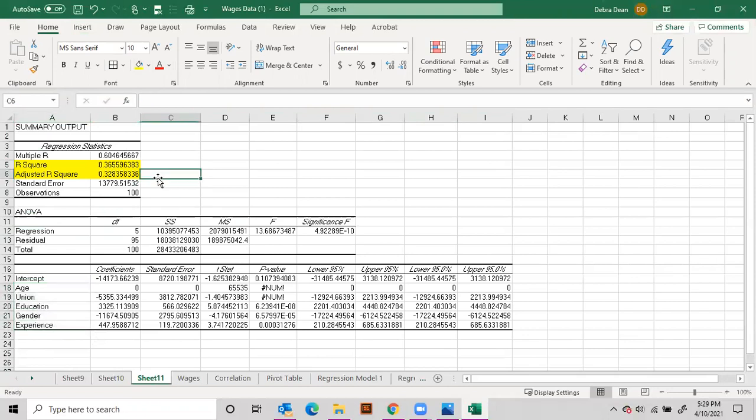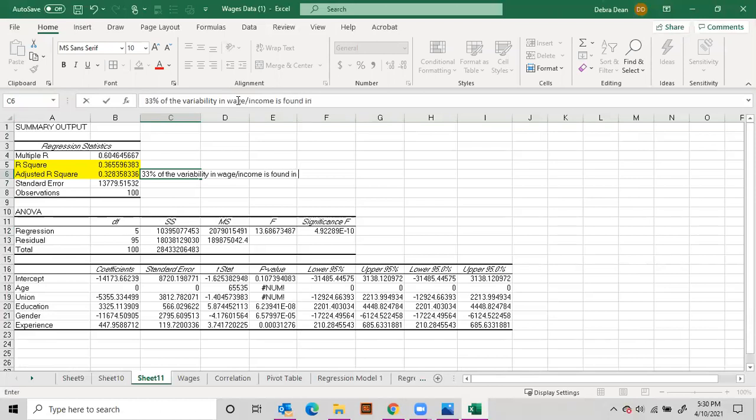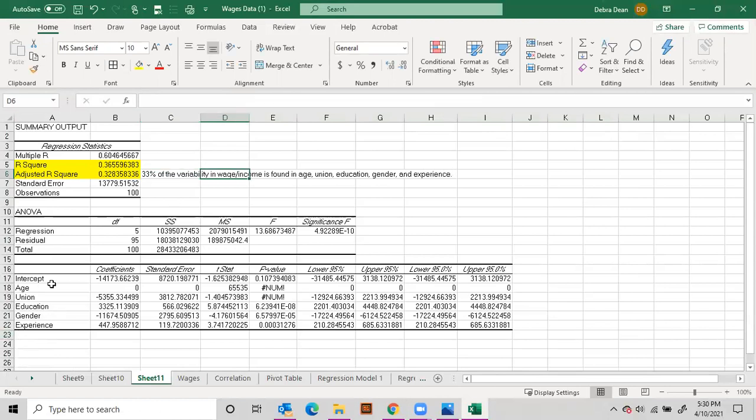So we're going to be more interested in this adjusted R-square, which tells us that about 33% of the variability in wage or income is found in, and we could say it's found in age, union, education, gender, and experience. So in this model.